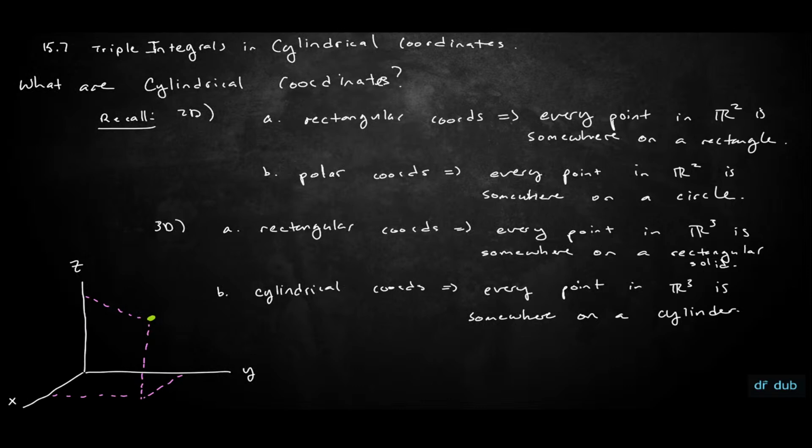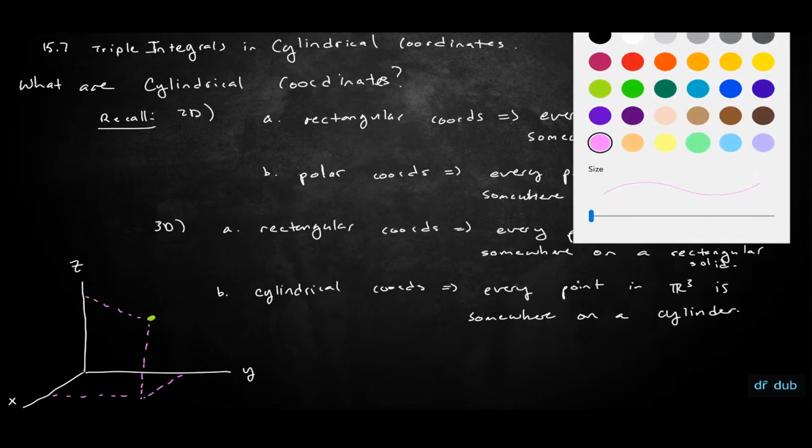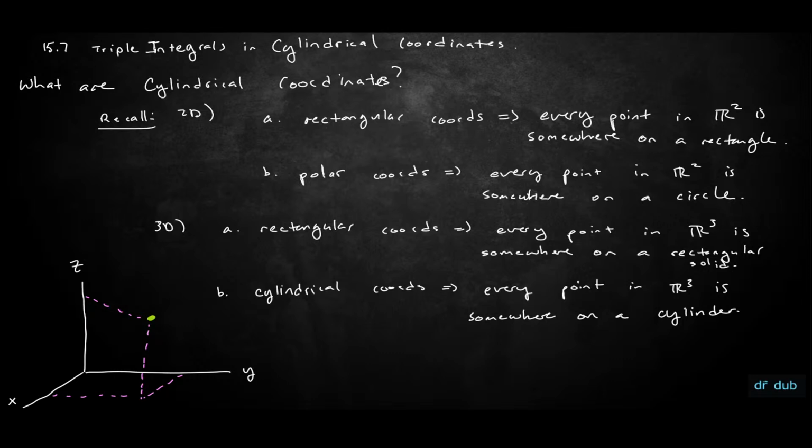What we could say is that the X, Y, and Z coordinates are actually related to these other coordinates, r, theta, z. So here's r, here's theta, and we already know this one is z. It's just a different set of coordinates to describe the location in space. It's the same location, just a different set of coordinates describing where it is.